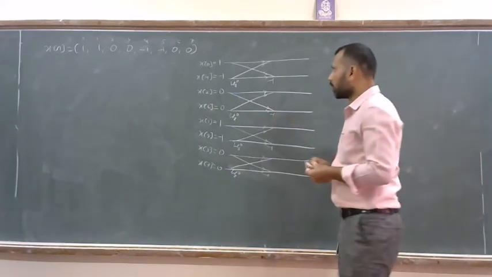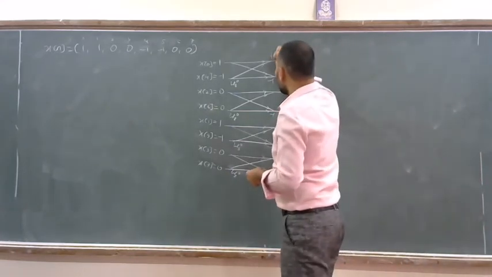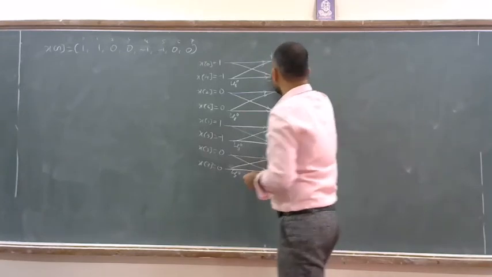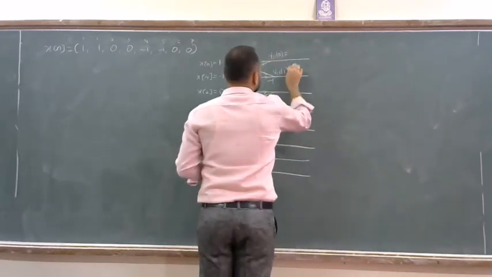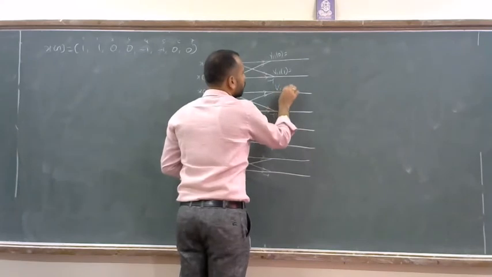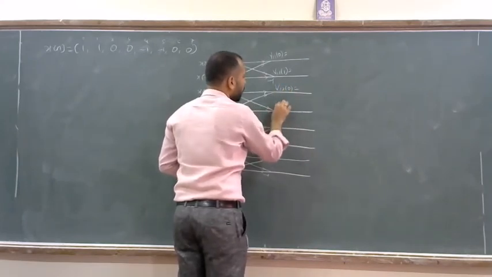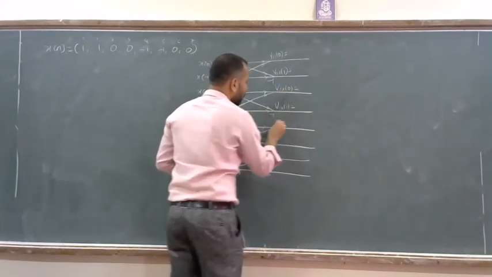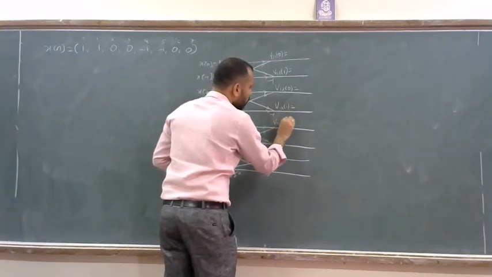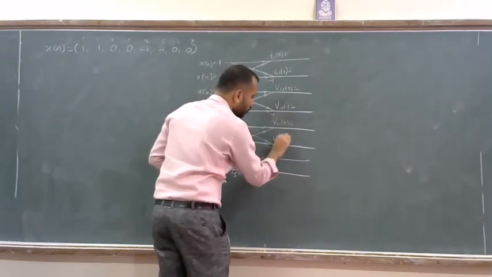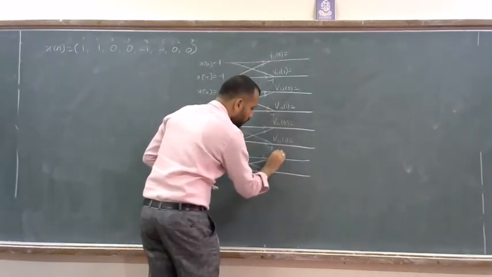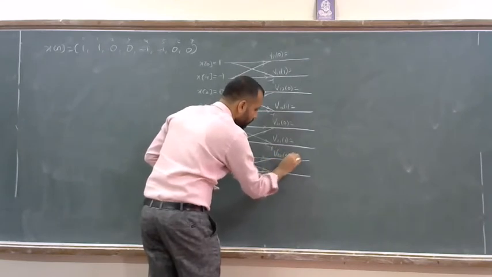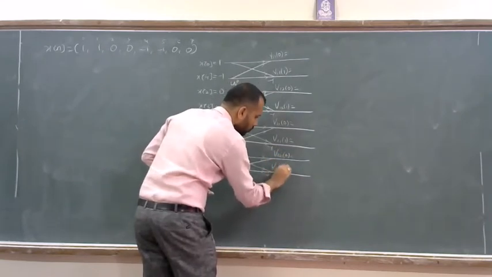Okay? Now, the first stage outputs will be V11 of 0, V11 of 1, V12 of 0, V12 of 1, V21 of 0, V21 of 1, V22 of 0, and V22 of 1.